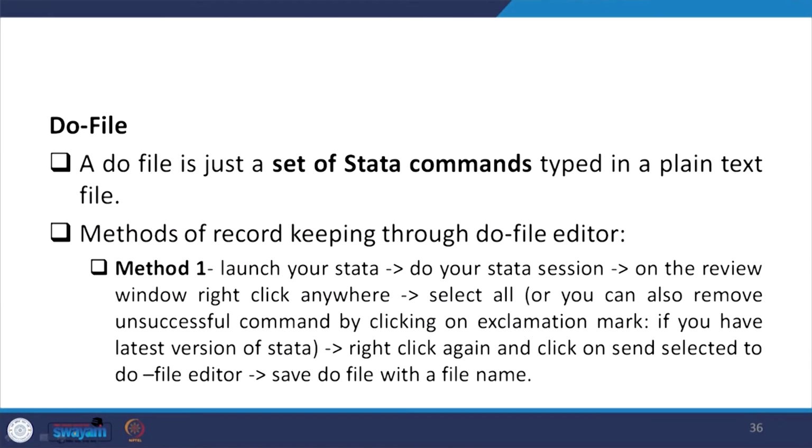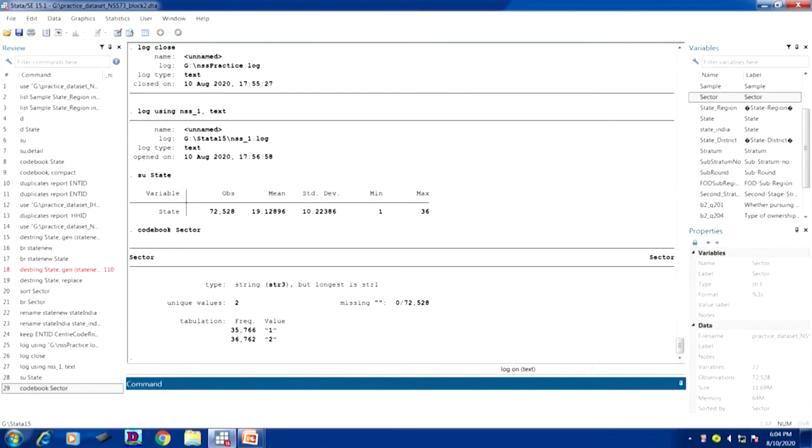One is to launch your Stata, start from the start button as I told you, and in the Review window right click anywhere, select all. You can also remove unsuccessful commands. Let me just start with this. Like, you have to first click open a do file.